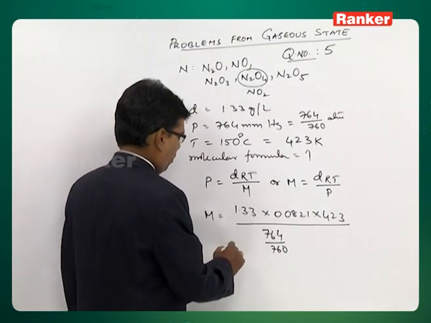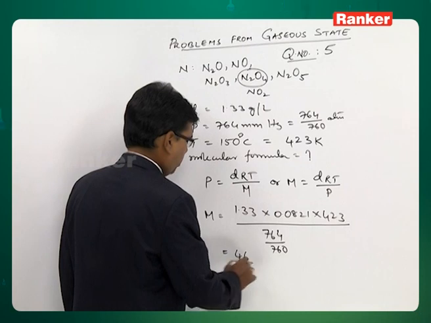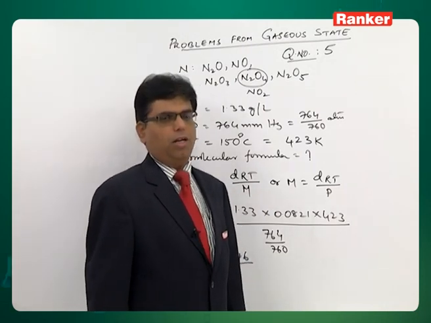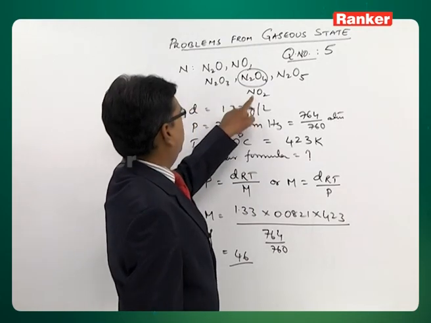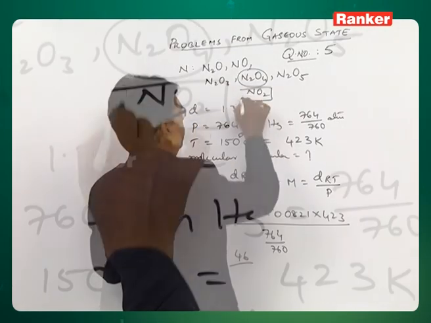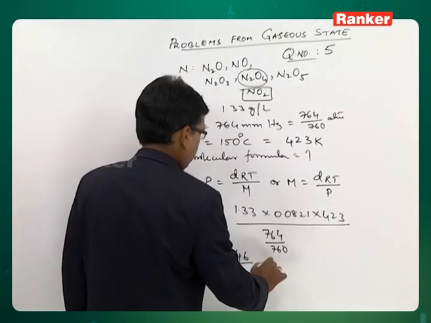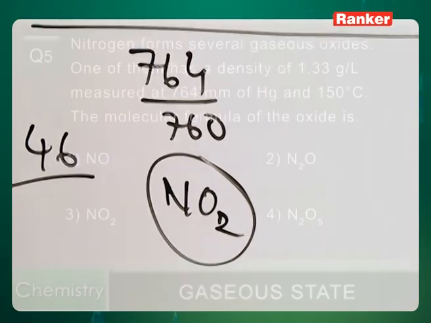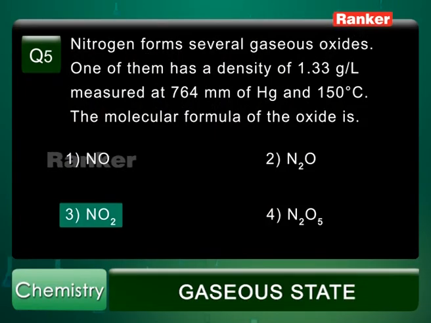From this, if you calculate the molecular weight, you will get 46. Now, molecular weight 46 corresponds to NO2 gas. So, the gas is NO2. From the molecular weight, we identify what gas it is, right.